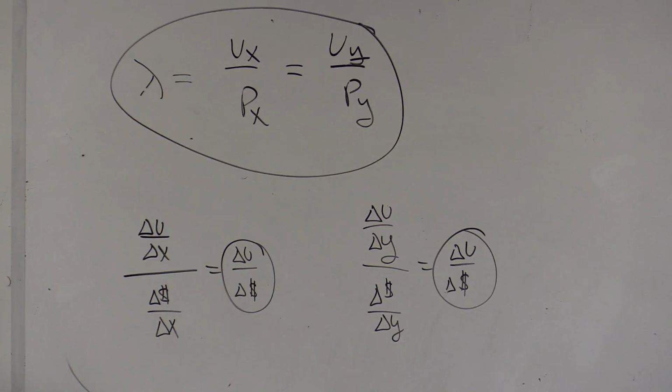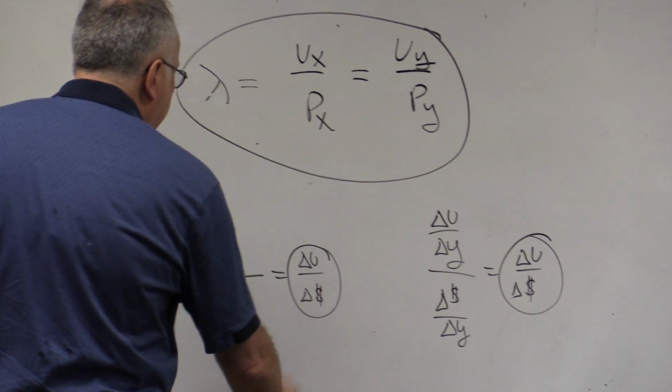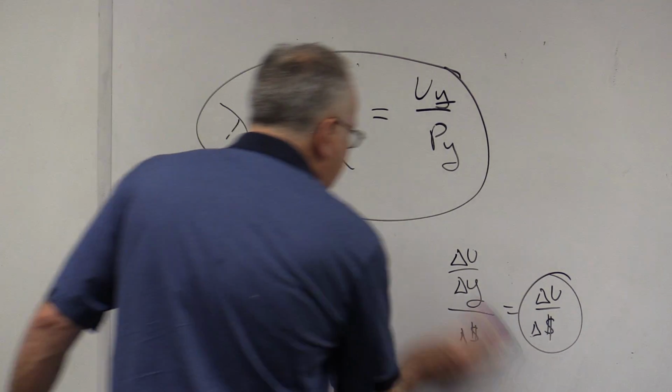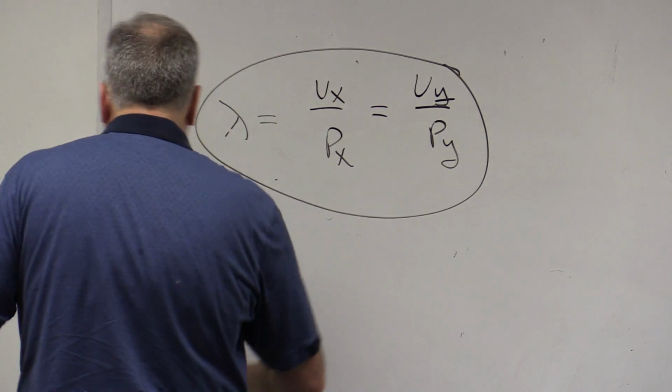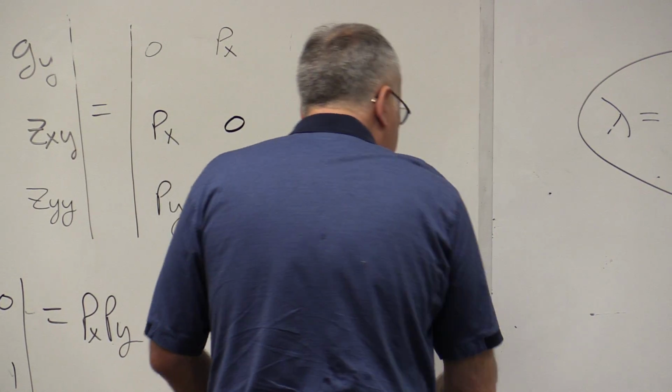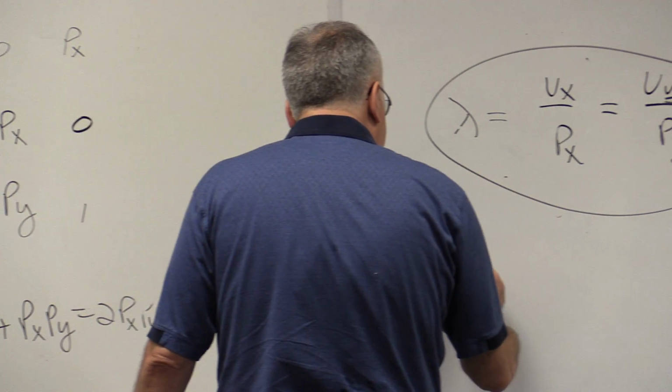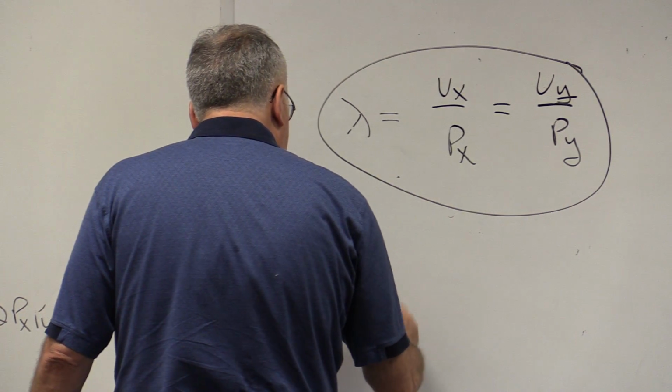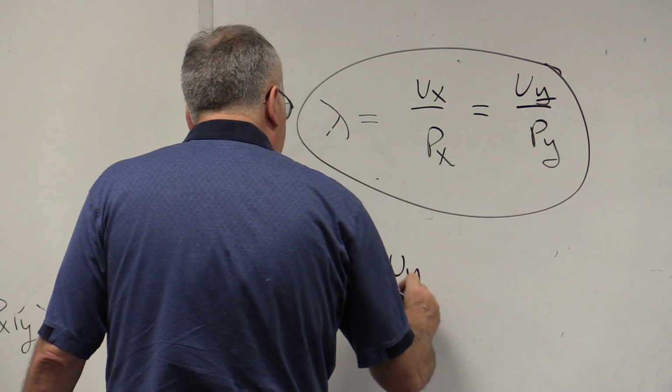Furthermore, notice, forget about the lambda here. At the optimal solution, we require ux over px equals uy over py.